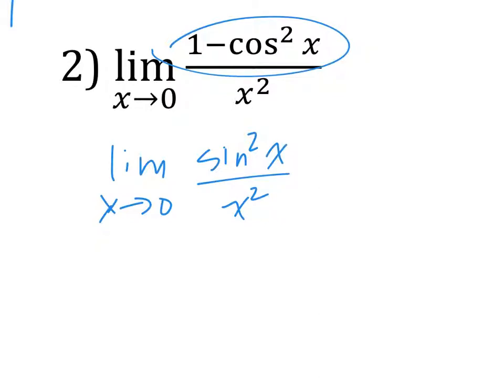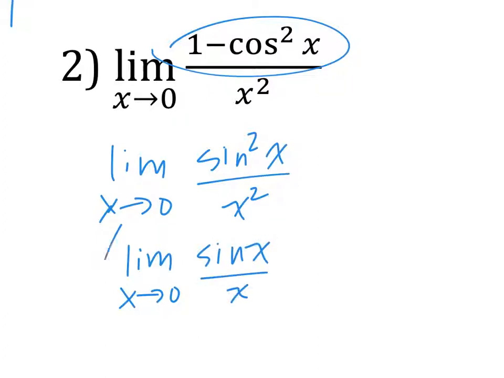So which limit rule are we going to use? Division? No, division is still going to get 0 over 0. Root? Not root. Power rule. Okay, power rule. So this is limit as x goes to 0 of sine x over x, the whole thing squared. You cannot just all of a sudden get to 1.